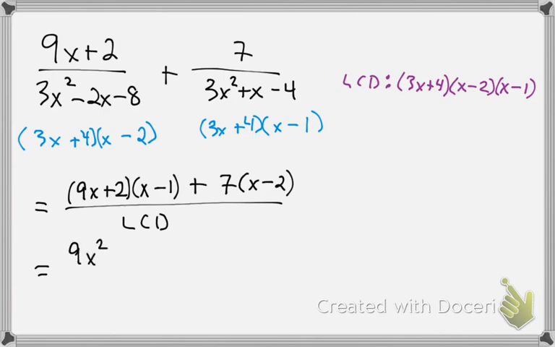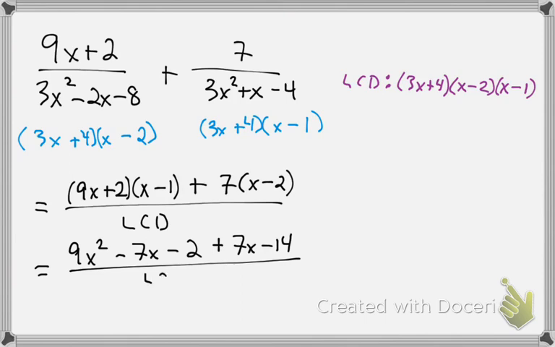That's a 9x squared. That's a negative 9x and 2x, so minus 7x minus 2, plus 7x minus 14 over the LCD.